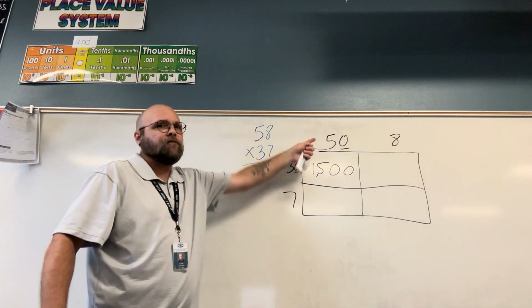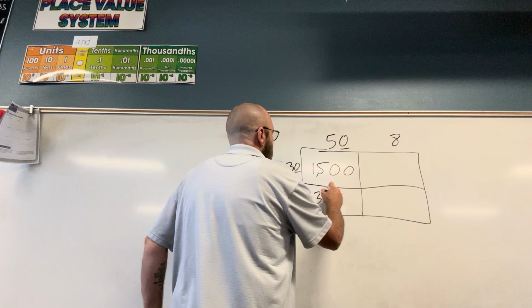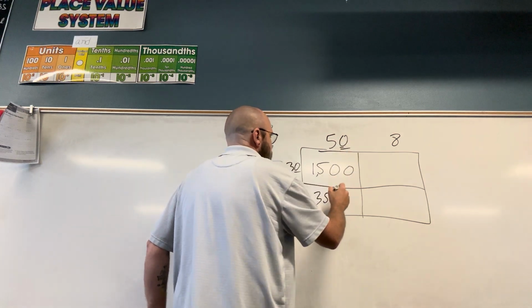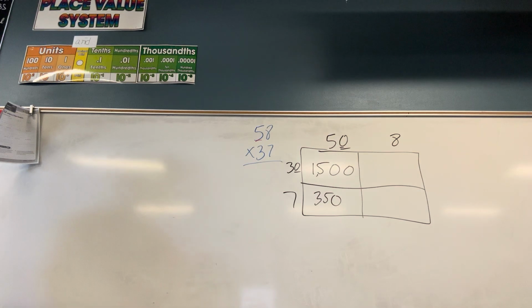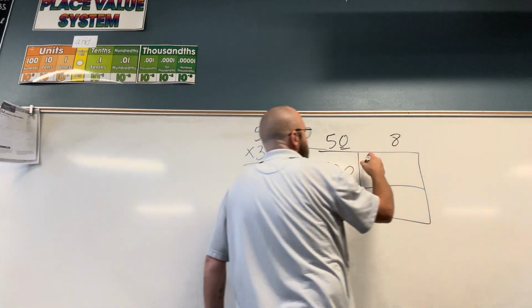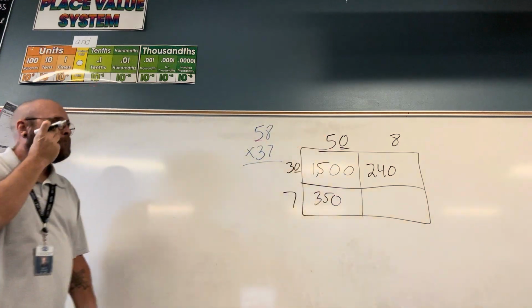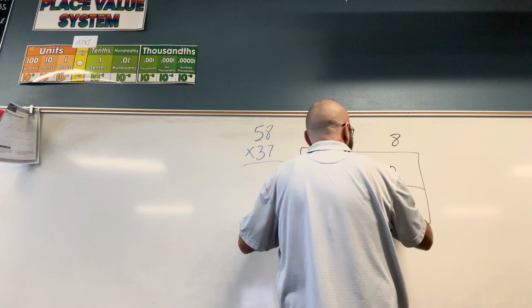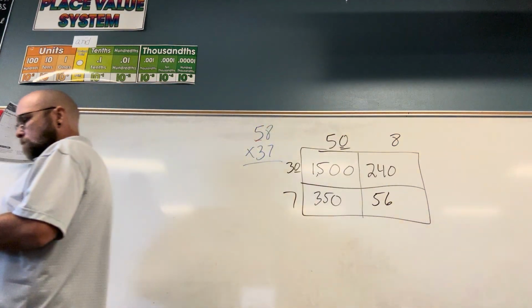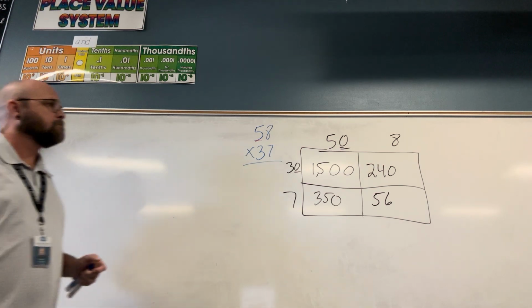What's 7 times 5? 35. 1 zero there. 350. What's 3 times 8? 24. And I have the 1 zero. And 7 times 8? 56. That was the most difficult part you had to do, 7 times 8 is 56.